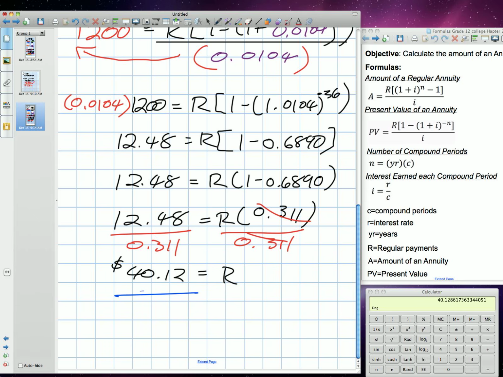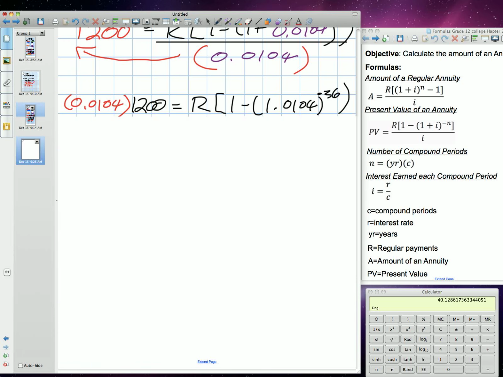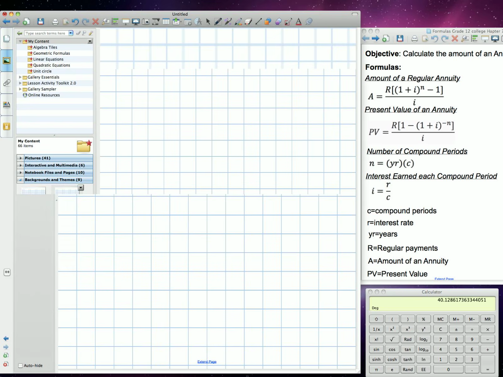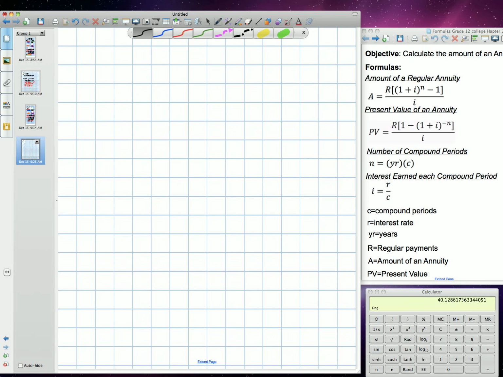Let's actually figure out how much he ends up paying on the loan, so how much interest they actually charge him. We figured out his regular payments were $40.12. How many times does he make these payments over the course of 3 years if he does it monthly?